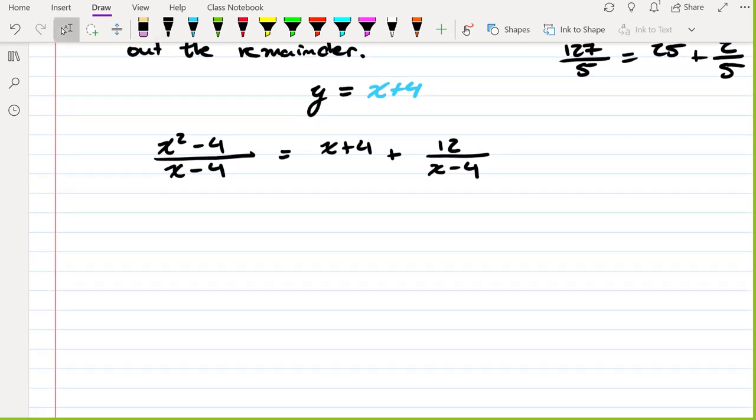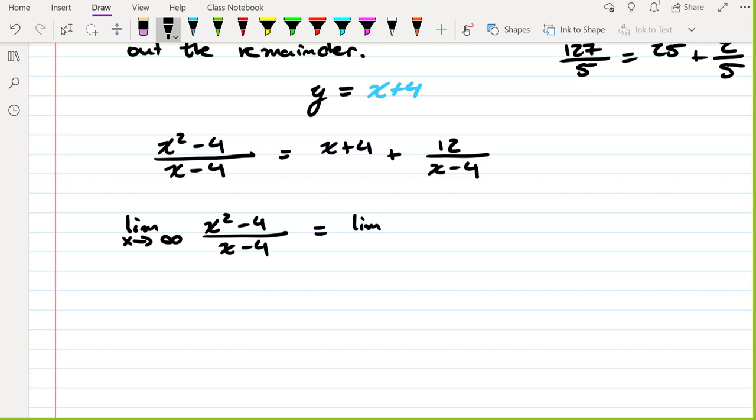Well, if we took the limit as x goes to infinity of both sides of this, we're going to end up with the following. The limit as x goes to infinity of x plus 4, plus, I'm going to break this up into two limits, the limit as x goes to infinity of 12 over x minus 4.